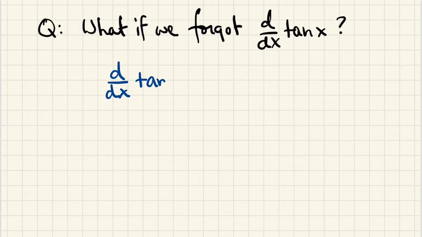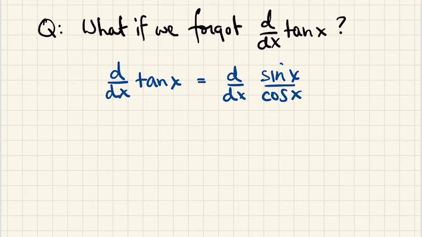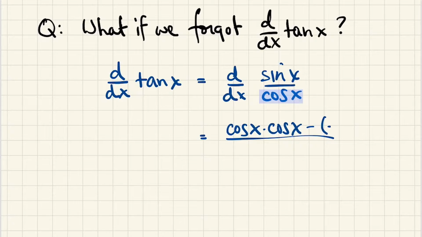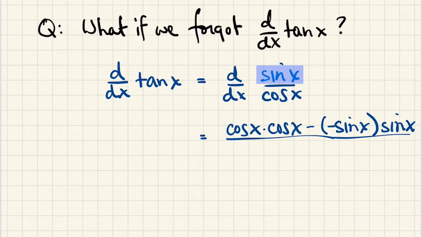So this is the question, the derivative of tangent of x. Well, we can write tangent as sine of x over cosine of x. And now we can use the quotient rule on this guy. So we can say, well, the derivative of the numerator, the derivative of sine, is cosine of x times the denominator minus the derivative of the denominator, which is negative sine of x, times the numerator. And that's all divided by the denominator squared.